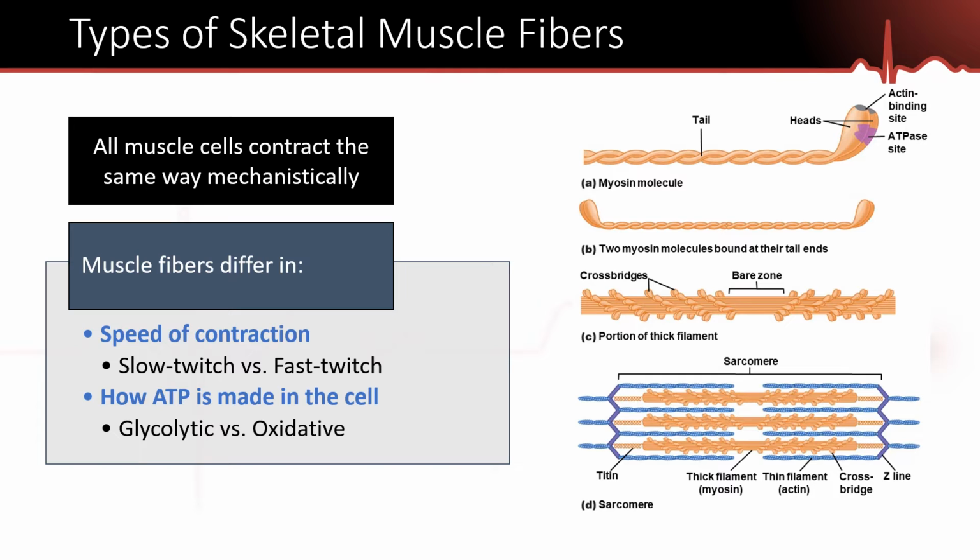So we've established what the major difference is between fast and slow twitch muscle fibers. Fast twitch muscle fibers can shorten at much faster velocities than slow twitch muscle fibers can, which shorten at slow velocities.